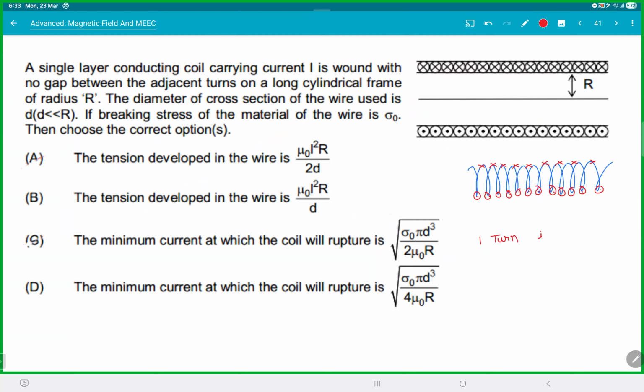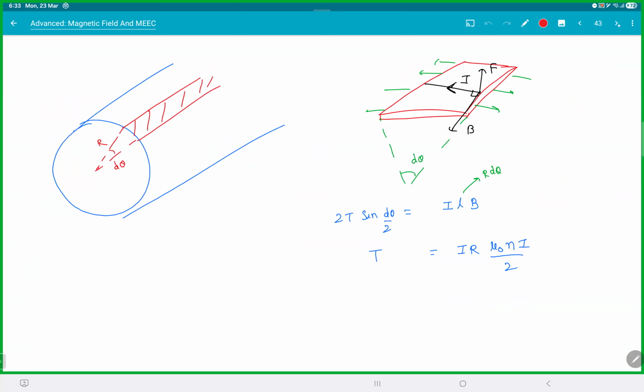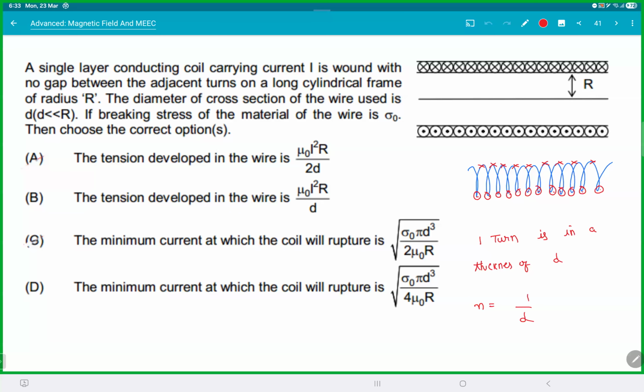So therefore, the number of turns per unit length is 1 by d. Making sense? That's where you get that n from. So you can substitute here. This will be I square R mu naught, n is 1 by d, by 2: mu naught I square R by 2d.